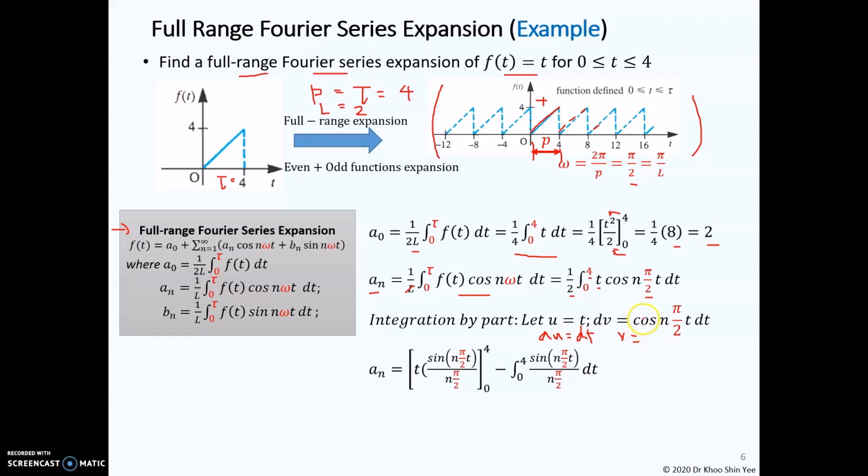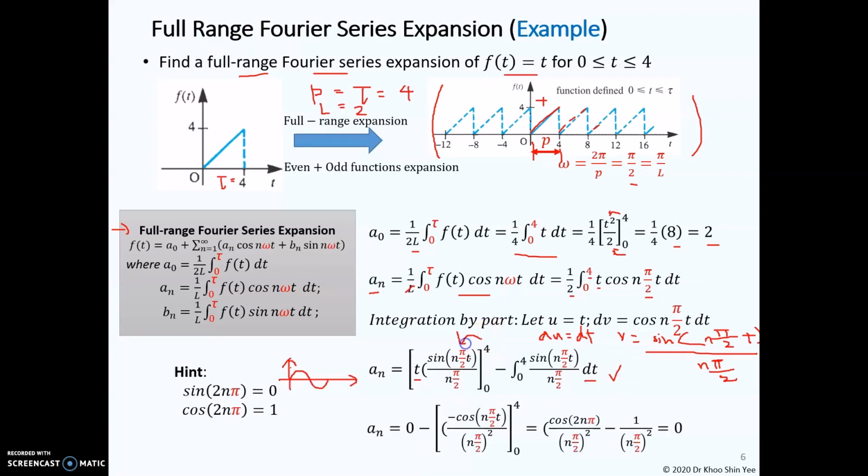Over here, cos, you have sine, and divided by the coefficient inside. By using the integration by parts formula, you have uv minus integral of v du. Substitute your u, v, as well as the du inside. Then you shall obtain this.